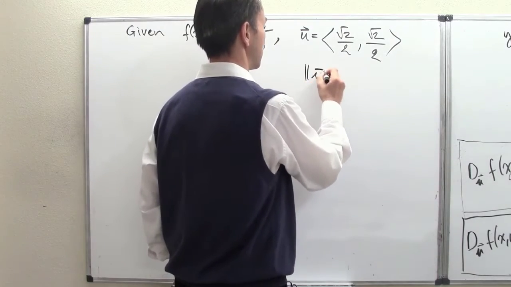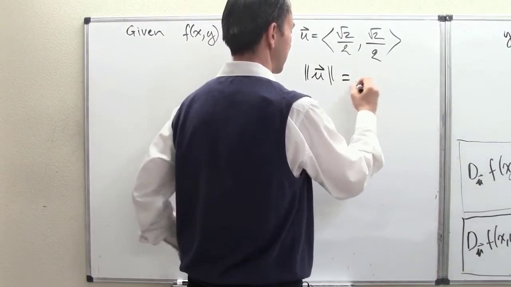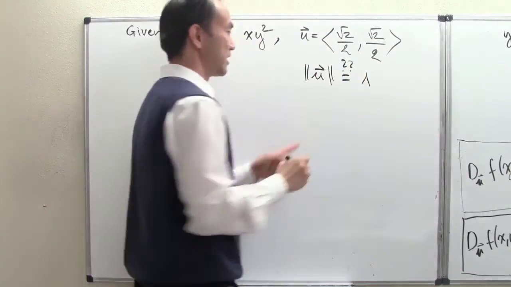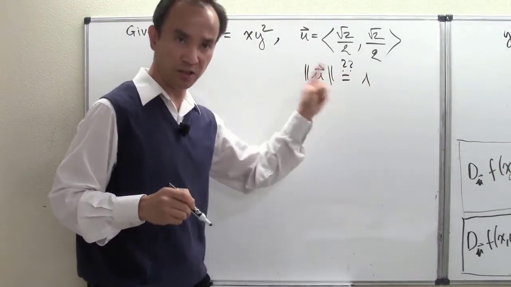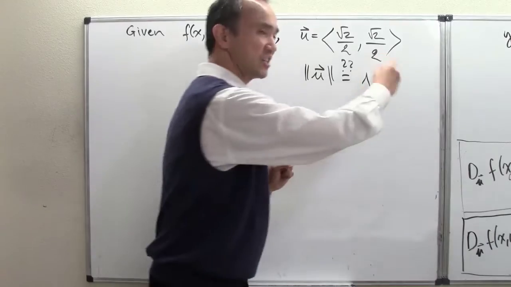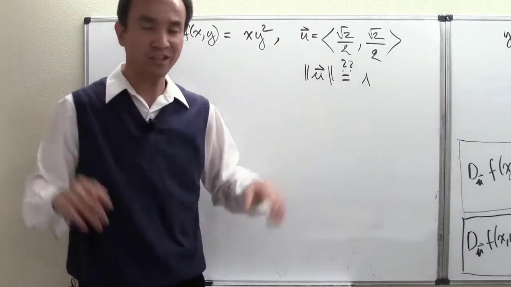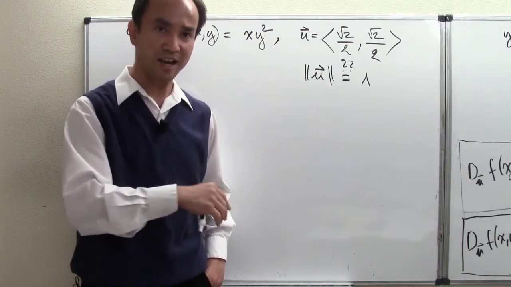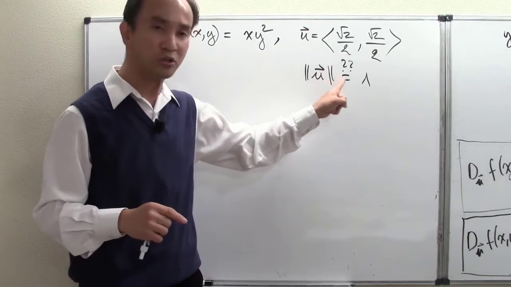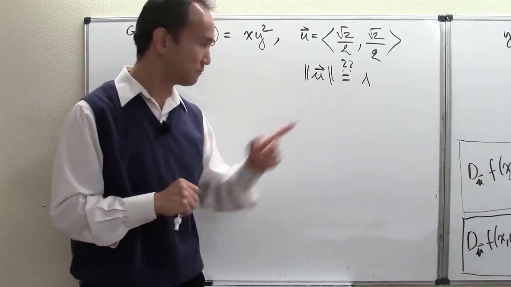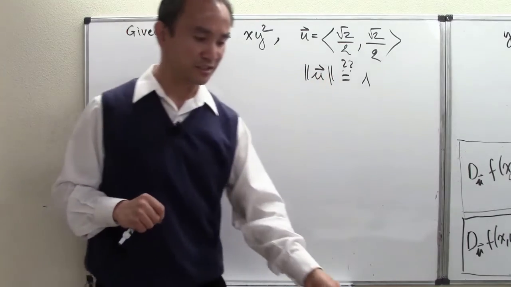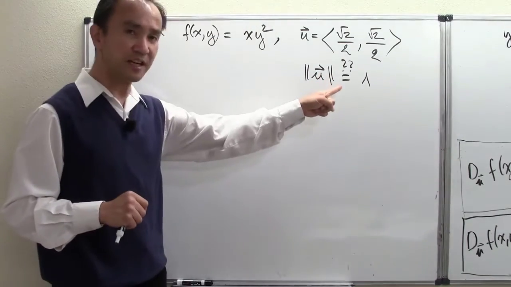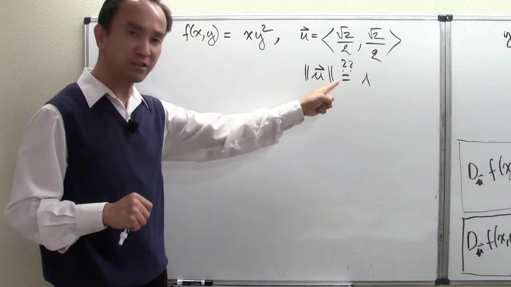That's why I'm putting a question mark here: is the length of this vector equal to 1? You can quickly check on that for me. It should be a yes, but you're learning math here. It's not about believing whatever the instructor says, you have to be able to verify it on your own. I leave that for students and viewers to verify, but I'm telling you it should be equal to 1.